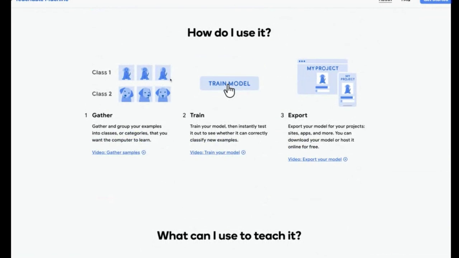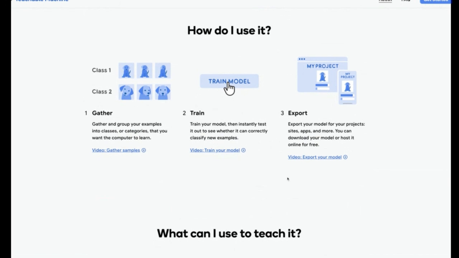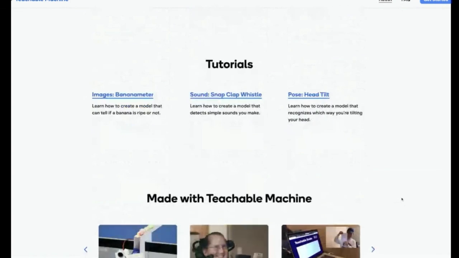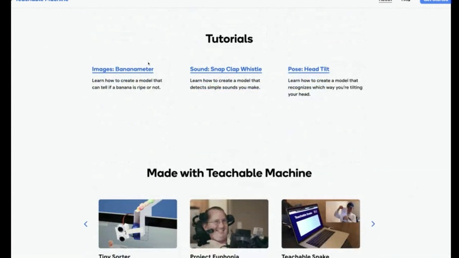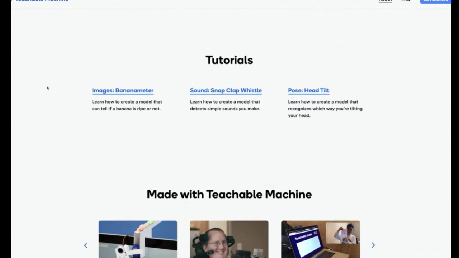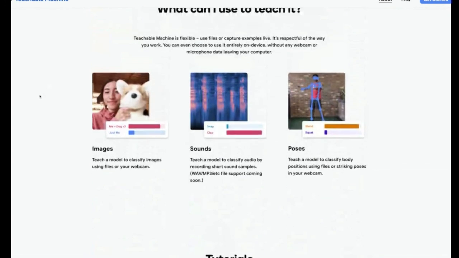You have to gather some data, then you train the model, and then you're going to export your model. And by export it, that's how we're going to save it. And there's 3 tutorials here. These are sort of examples for how you can do something with images, do something with sound, do something with head tilt.